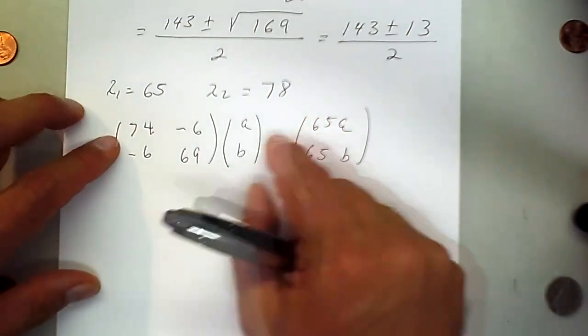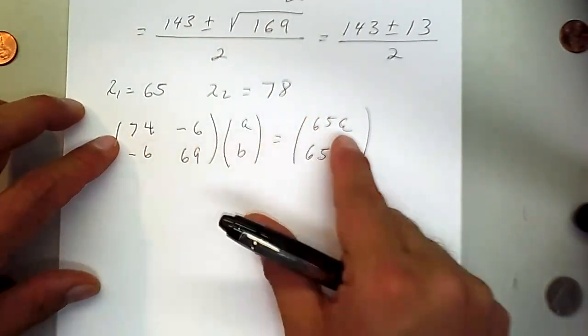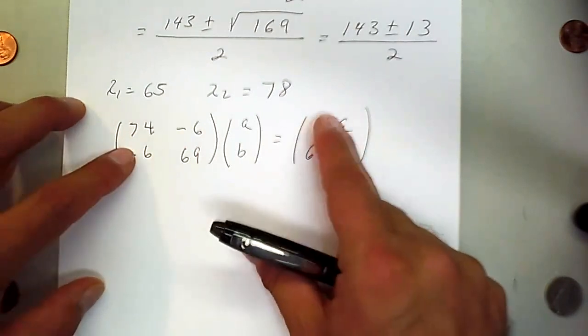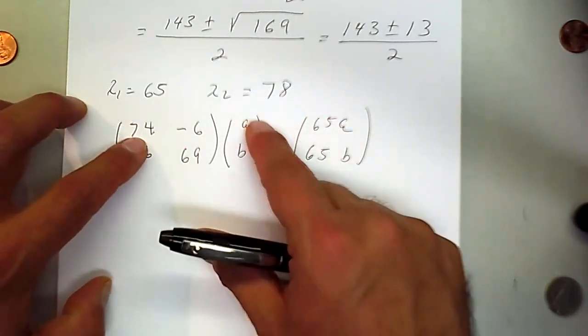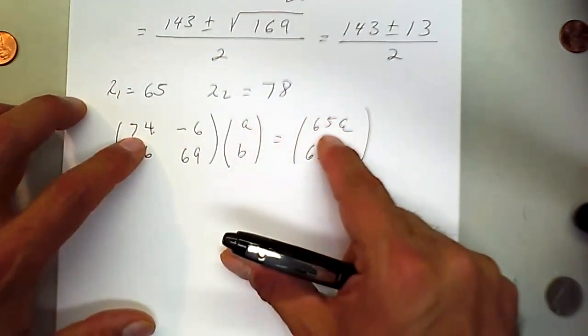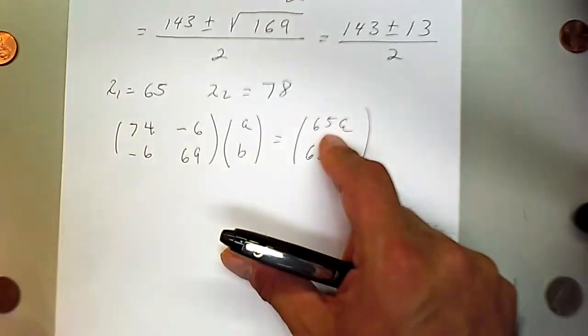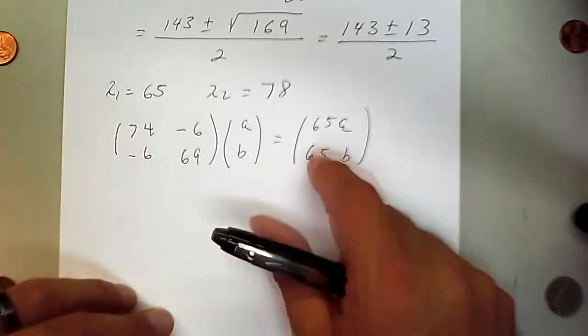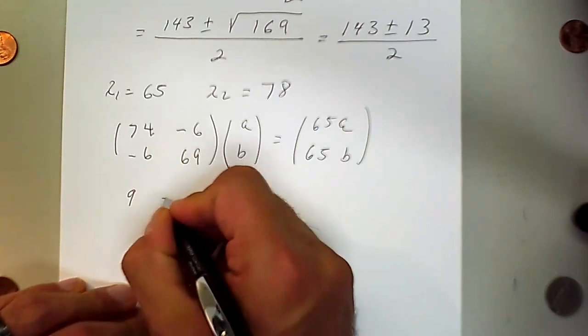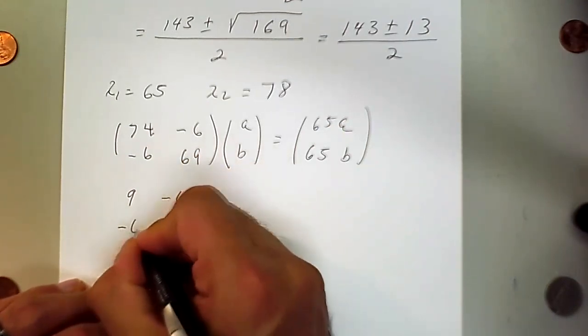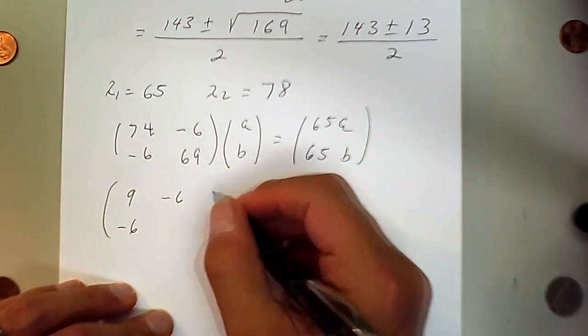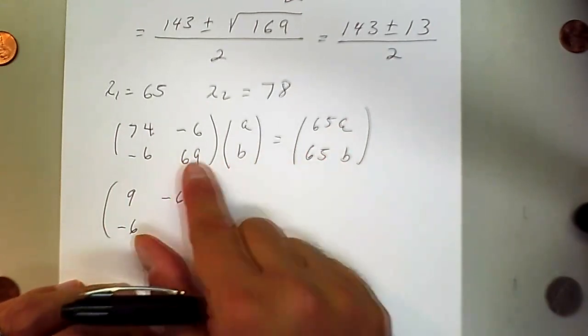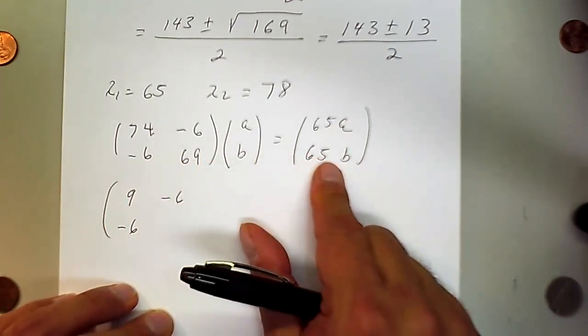So subtract 74 minus 65 because that corresponds to this 74, which will multiply with the A's. So 74 minus 65 is 9. 9, -6, -6. And then subtract 69 minus 65.